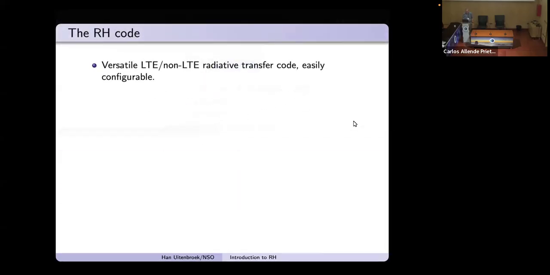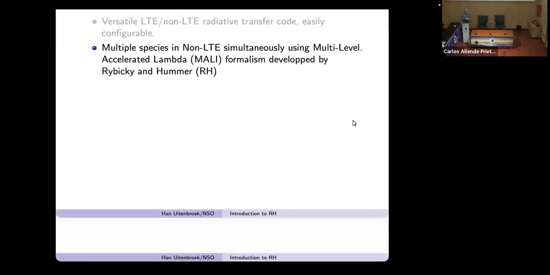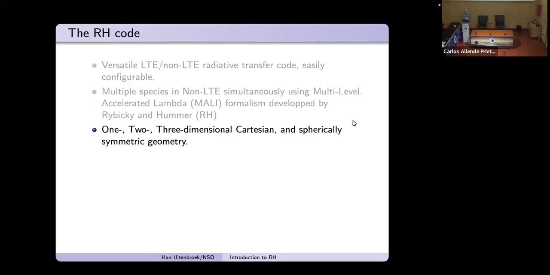So the code, RH, is a non-LTE radiative transfer code. It's easily configurable. It can deal with multiple species in non-LTE simultaneously using this MALI formalism that was developed by Rybicki and Hummer in the early 90s. The code has 1D, 2D, 3D Cartesian versions and a spherical geometric version.